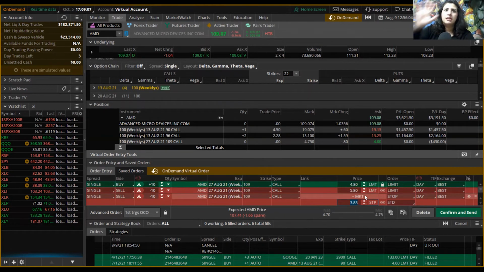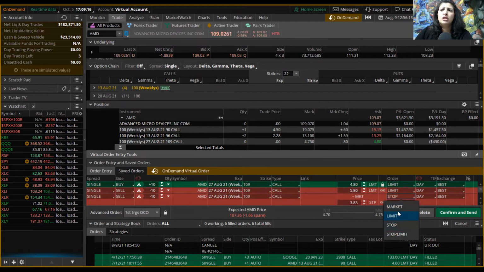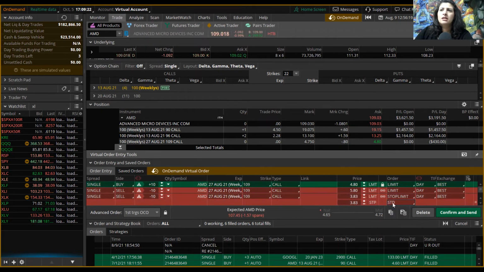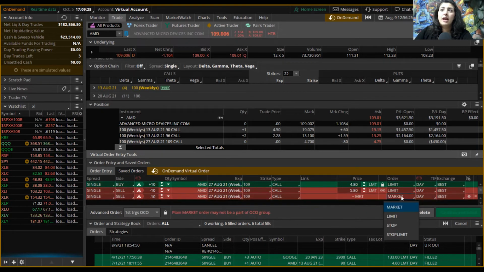But if it's just a single leg strategy, you can just put a normal stop and then have your stop loss. Unless you want to do a trailing stop. Normally, I never do market.